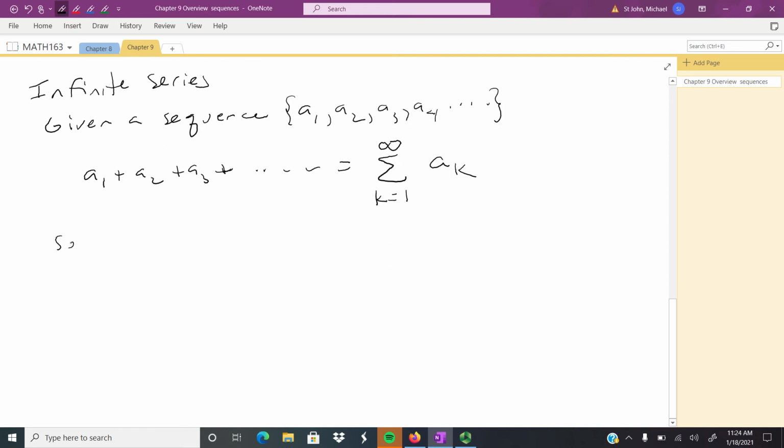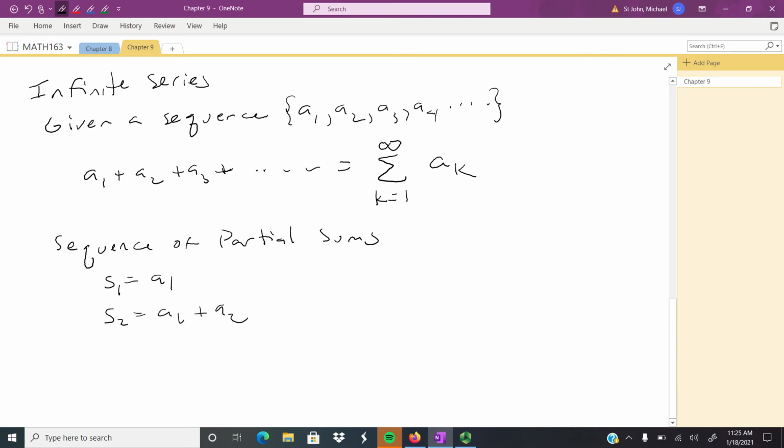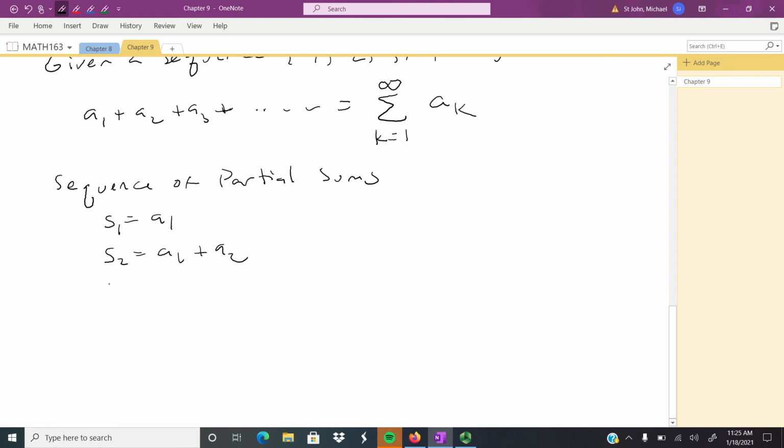So we can look at the sequence of partial sums. So S sub 1 would just be the first term. S sub 2 is the first plus the second. And then S sub 3 is the first plus the second plus the third, and so on, right?